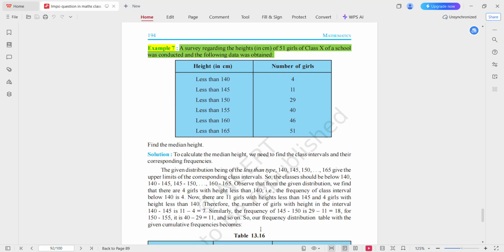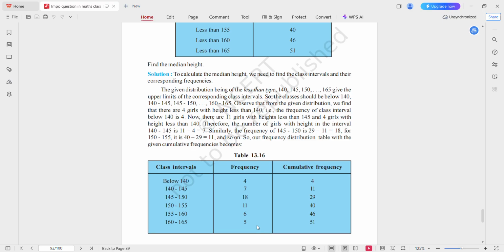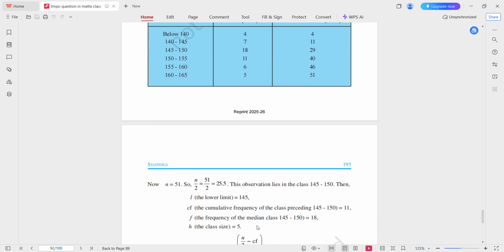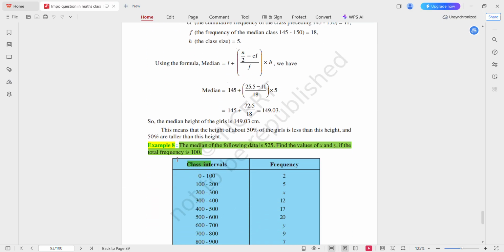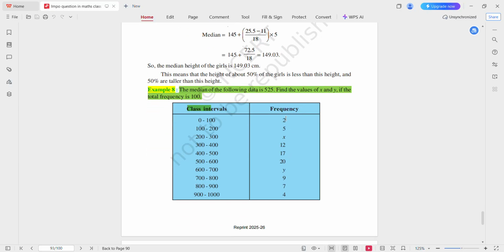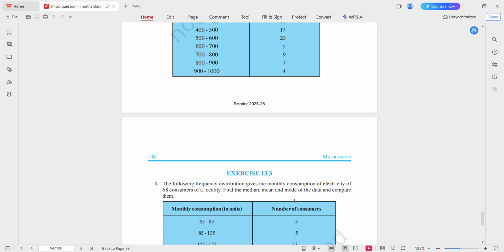And example 7 is very much important. In this chapter, you focus more on the examples. Example 8 is important. When they given some variables in the frequencies, this kind of questions are very important for the board exams. You can expect this kind of questions in the board exams.